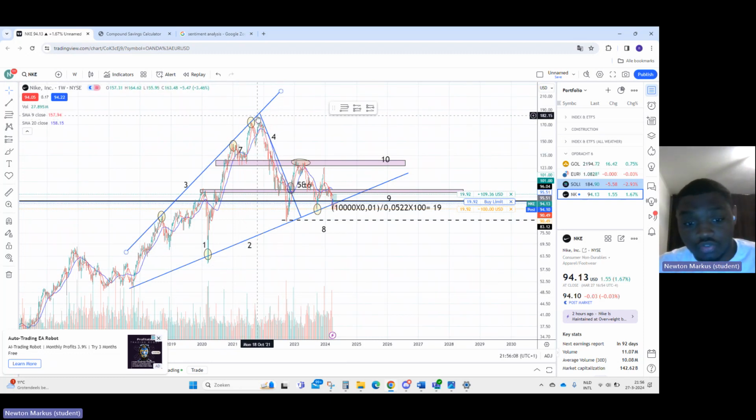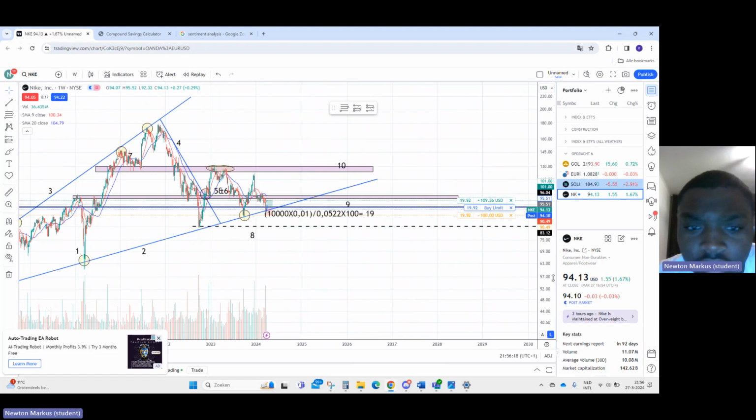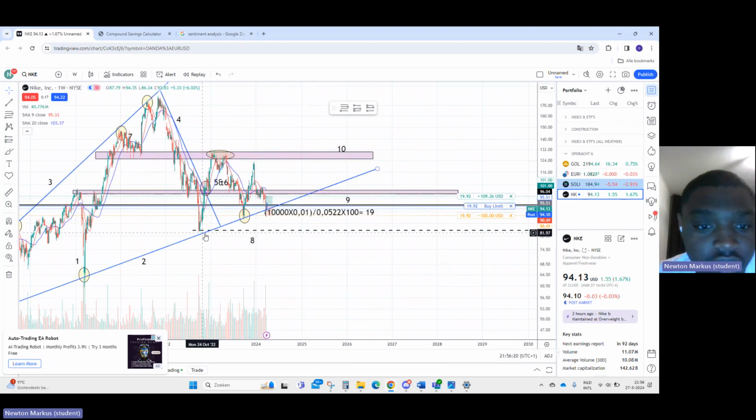The downtrend was broken from 2021 until 2022. The downtrend is broken, and now we are in the uptrend because the higher low point from this point is higher than this low, so that indicates an uptrend, and this is on the weekly chart.